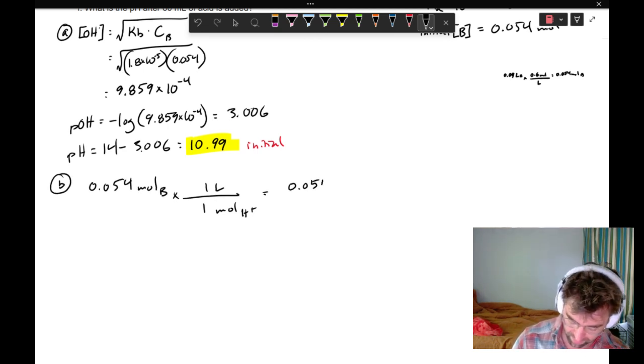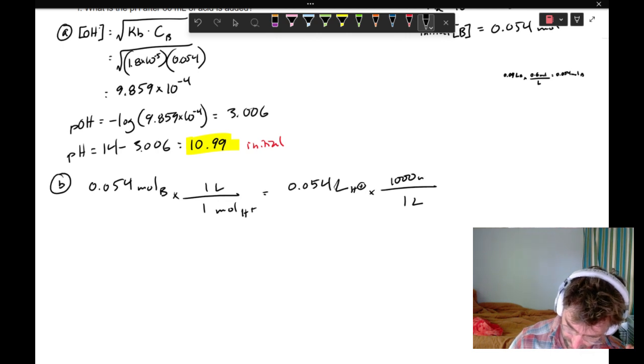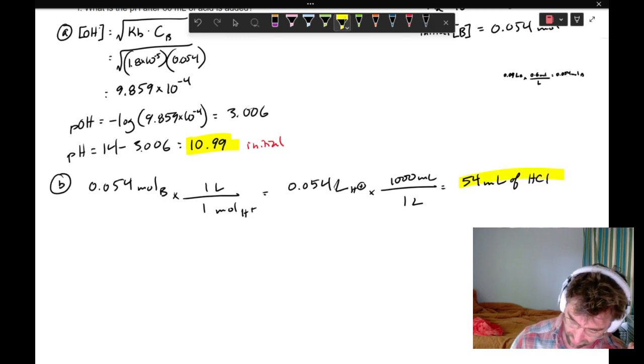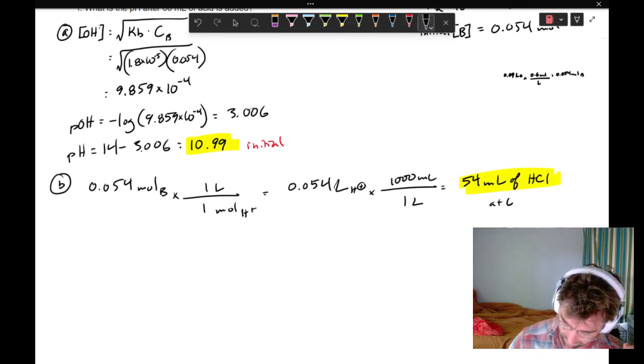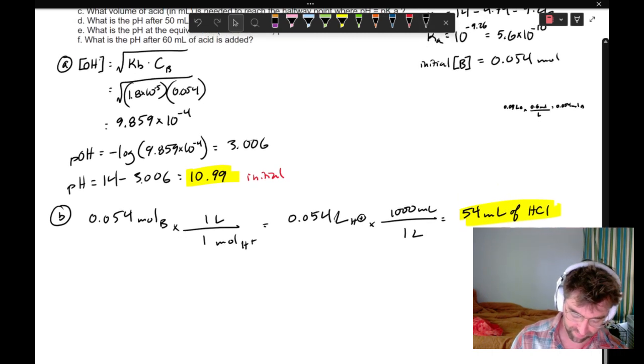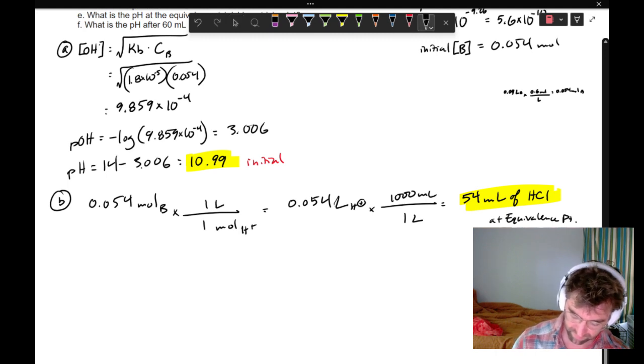So we need to add 54 milliliters of strong acid to get to our equivalence point for this particular titration.